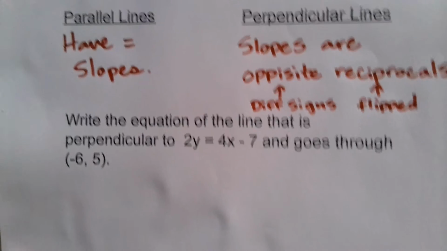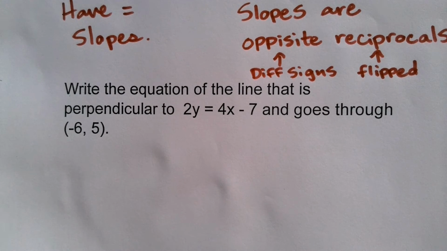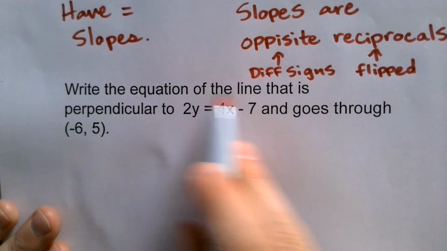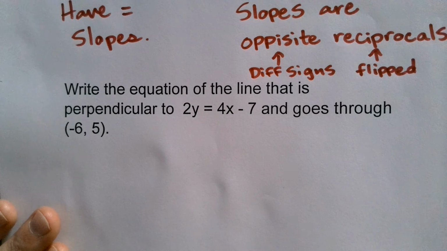Okay, so we're writing the equation of the line that is perpendicular to 2y equals 4x minus 7 and goes through negative 6, 5. Okay, so first, if we're going to write an equation that is perpendicular to this one, we need to figure out what the slope of this one is. So how do we figure out the slope of that 2y equals 4x minus 7?